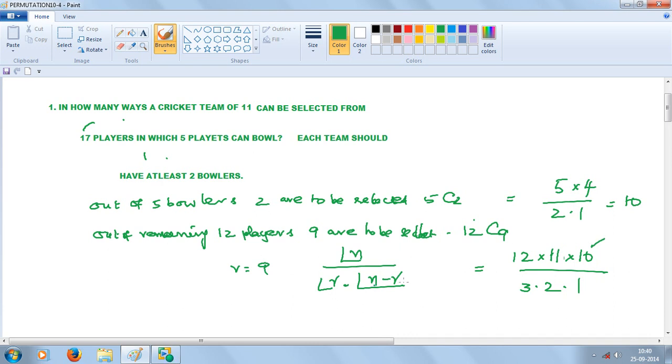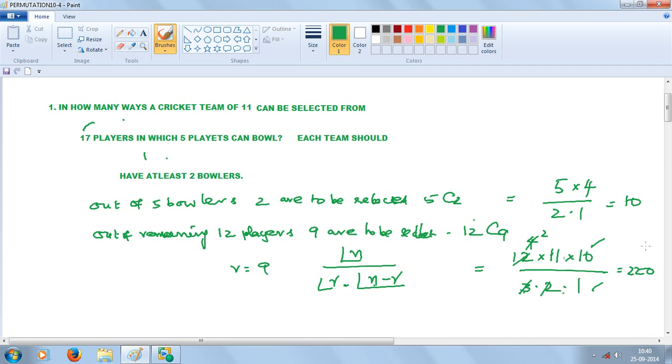N minus r is 12 minus 9, factorial 3, which is 3 multiplied by 2, coming in the denominator. So you cancel the common factors: 3 fours are 12, 2 twos are 4, 2 multiplied by 11 into 10. It is 220 ways.